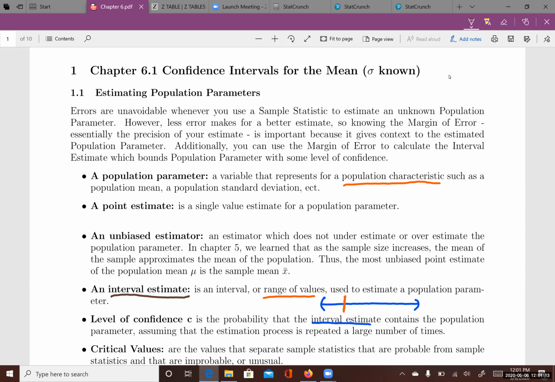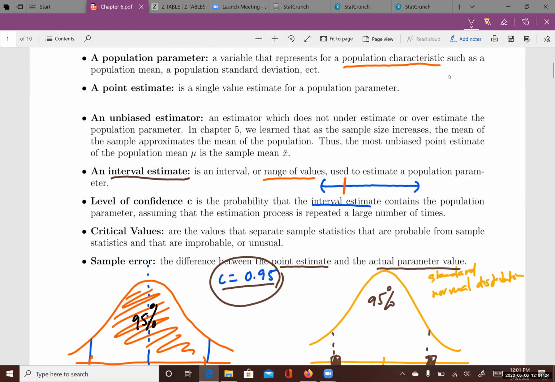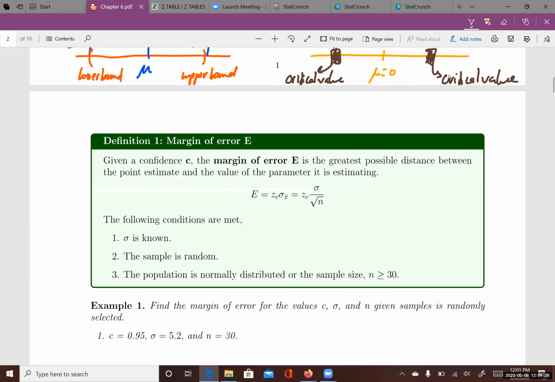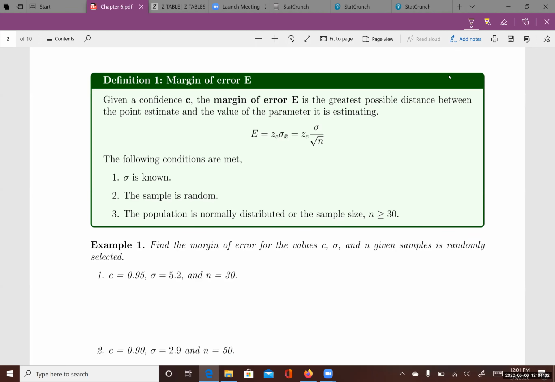Okay, when sigma is unknown, again, sigma is the population standard deviation. Now, how can we find the margin of error? How can we construct the margin of error? Given a confidence level that you want to start with, your confidence level C can be 90%, 95%, 99%, or could be just 80%.